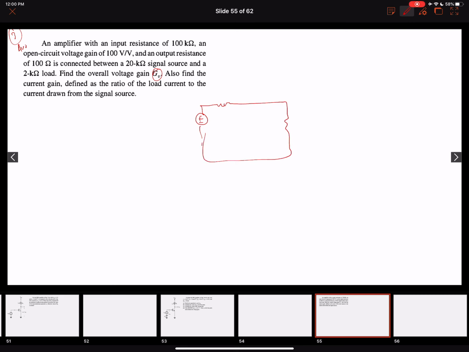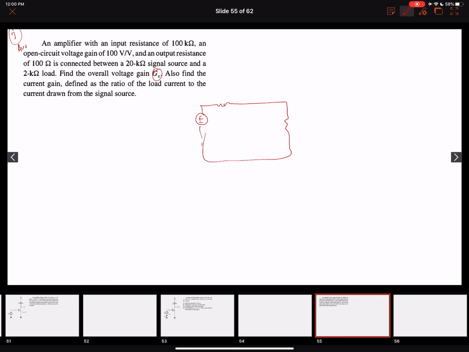Okay, so let's look at all the values. We have an input resistance of 100 kilo ohms, so this is our 100 kilo ohms. Then we have an open loop voltage gain of 100. We have an output resistance of 100 ohms, and it is connected between a 20 kilo ohms signal resistance and a 2 kilo ohms load resistance.